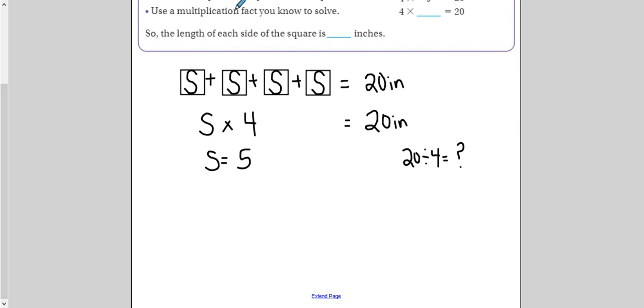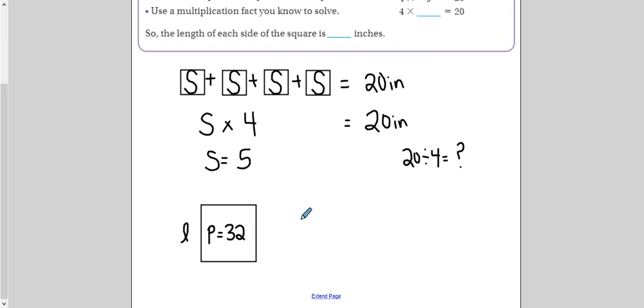If I were to give you another square and say, I need to know what one of the sides is equal to, we'll go ahead and use variable L. And I tell you right up front that the perimeter is equal to 32.